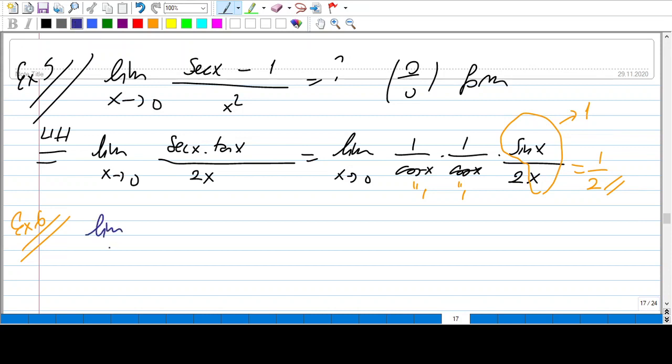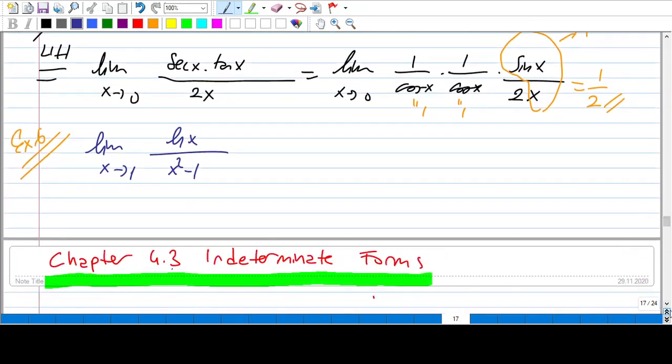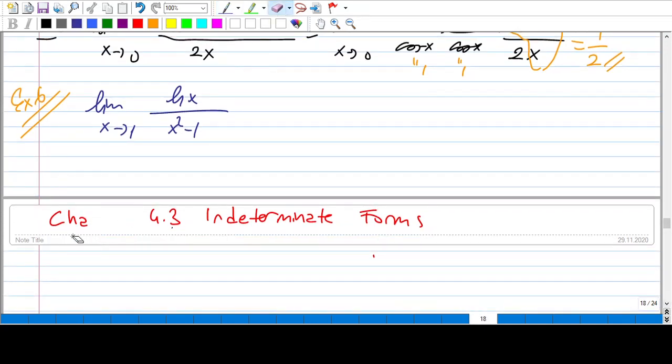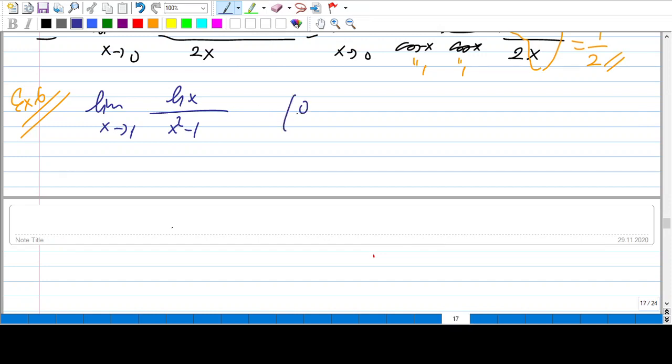Limit x to 1 of ln x over x squared minus 1. Okay, there is a mistake here. Maybe we can erase this form. Okay, we have now, this is of the form ln 1 is 0, 0 over 0 form.